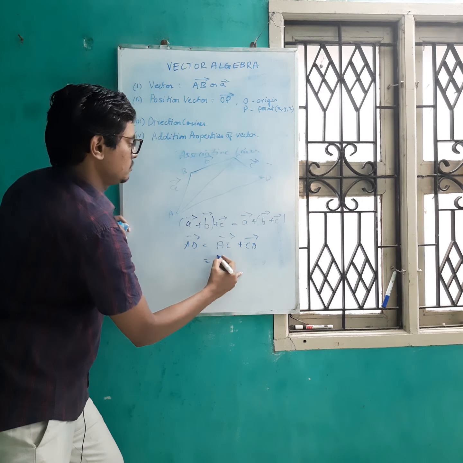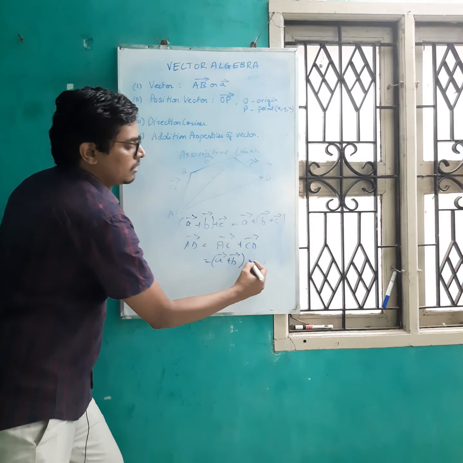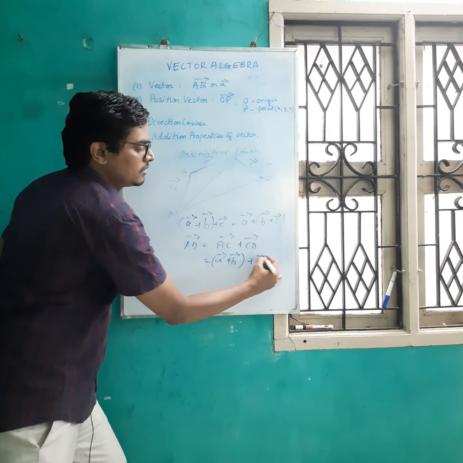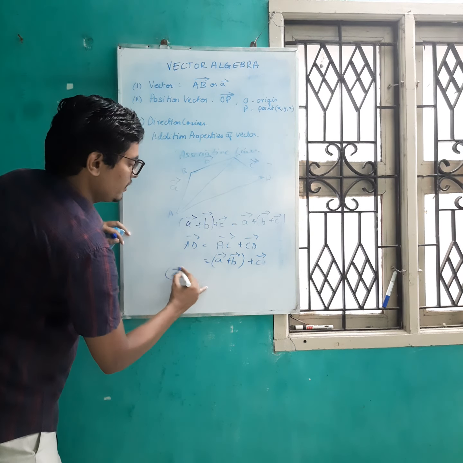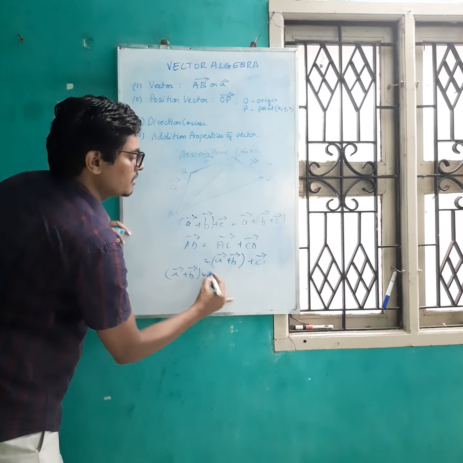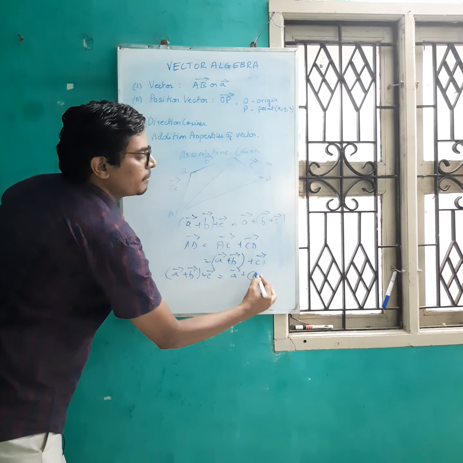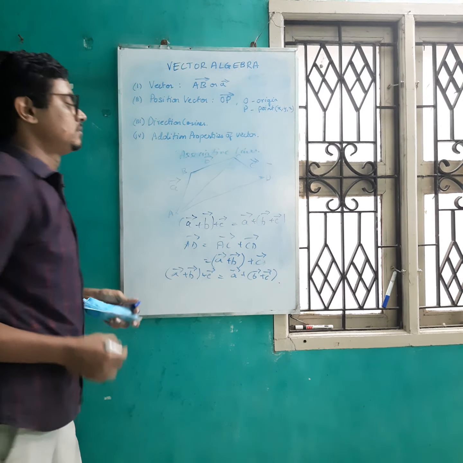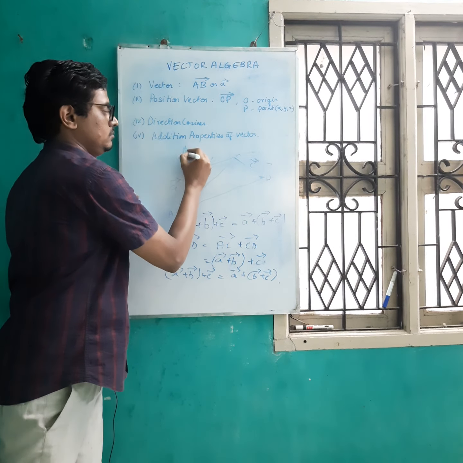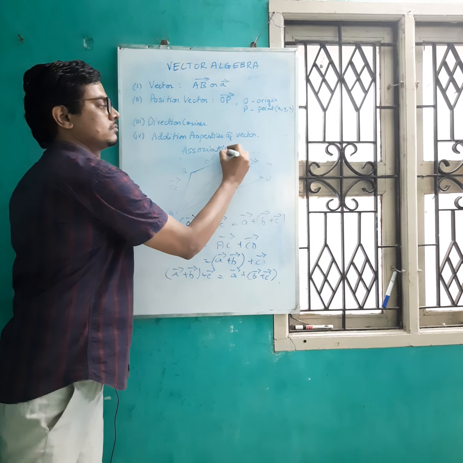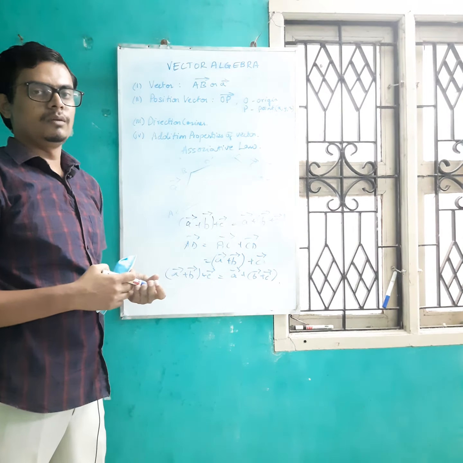AC vector we know is A vector plus B vector according to triangle law of vector addition, and CD vector is C. So in both cases we see A vector plus B vector plus C vector is equal to A vector plus B vector plus C vector. So this is called associative law. So associative law clear? Now we will move on to next.